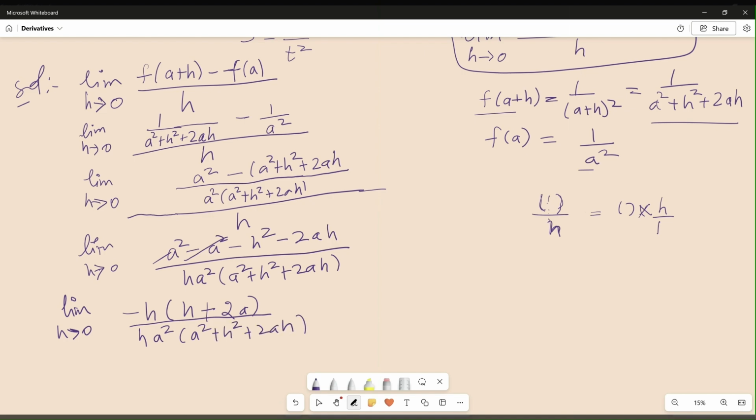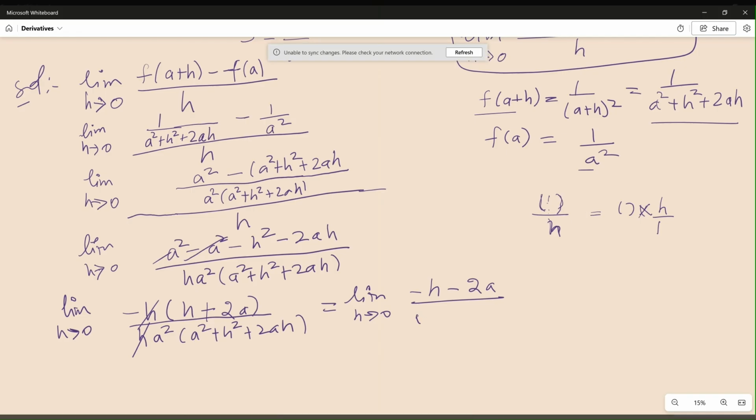So h is going to be cancelled out here, and then what we have here is negative times h is negative h, negative times 2a is negative 2a. You can write it either way. You can still keep a negative out with this expression, or use this one, however you find it easier or more convenient.